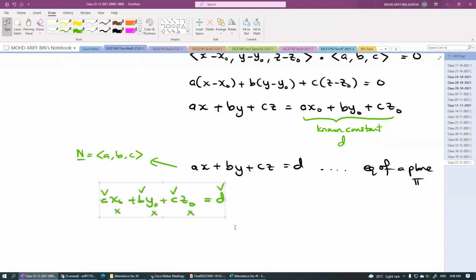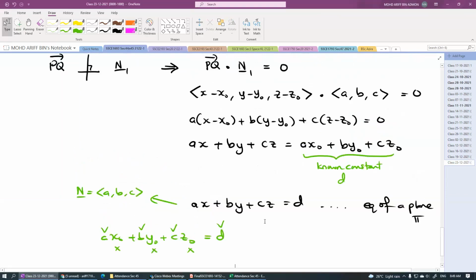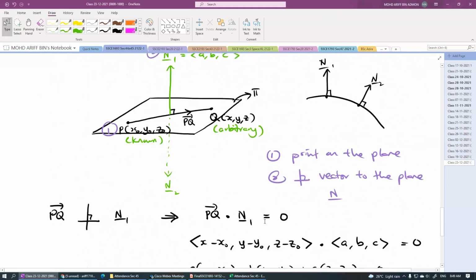That's the other way. But in general, if we want to find three unknowns from just one equation, that's impossible, except you assume some of the unknowns to be a particular value, then that's possible. Okay, so this is the equation of plane.